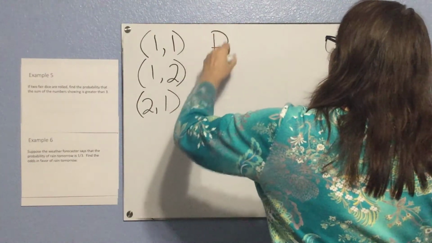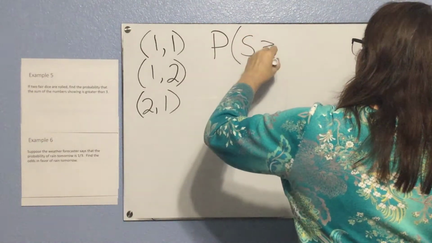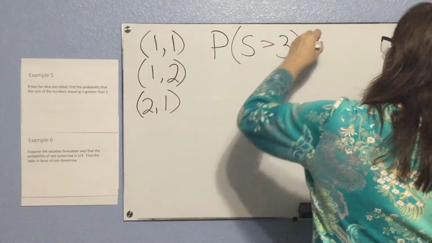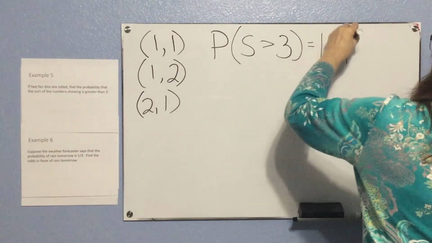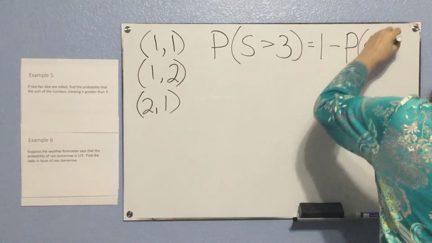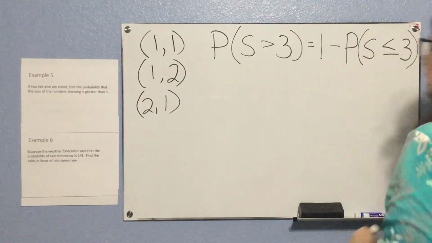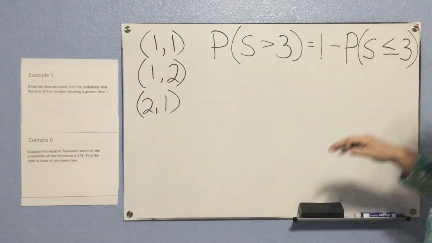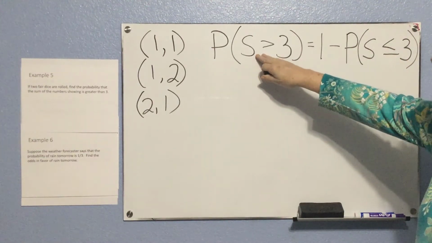So the probability of the sum greater than 3 is equal to 1 minus the probability that the sum is less than or equal to 3. We have to look at our wording carefully to decide whether the equal goes here or here.